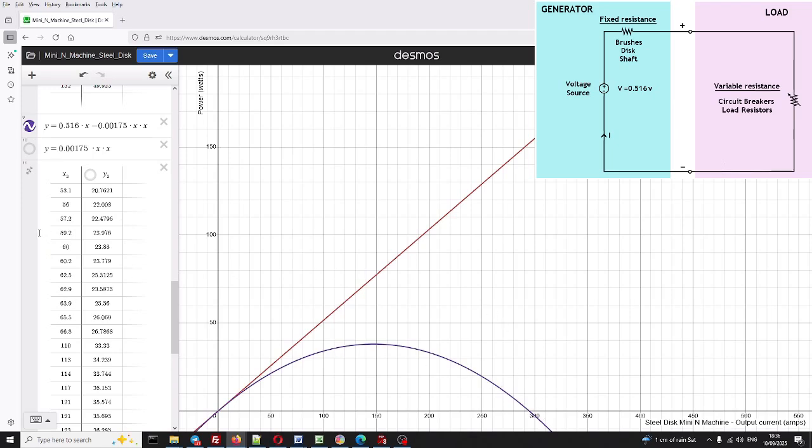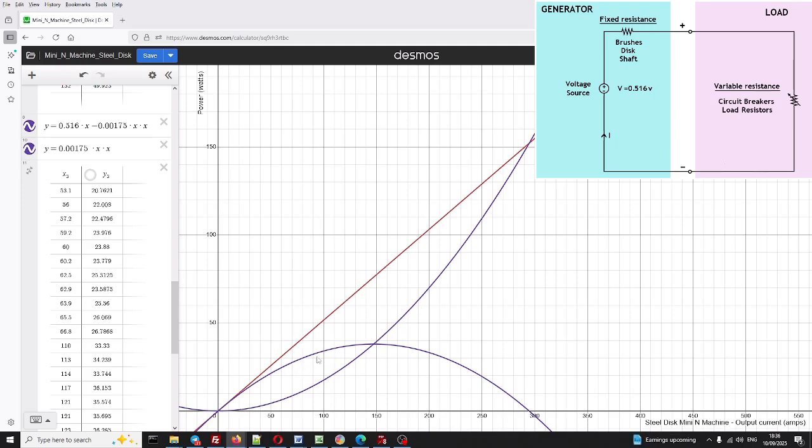Now the power going to the rest of the circuit, i.e. the fixed resistance of the brushes, disc and shaft, is a y equals x squared function. This power cannot be utilized and is effectively trapped inside the machine, i.e. inside the shaft, disc and brushes. Now if we add the value of the two purple lines together at any point along it, they always equal the red line, i.e. the total output power.